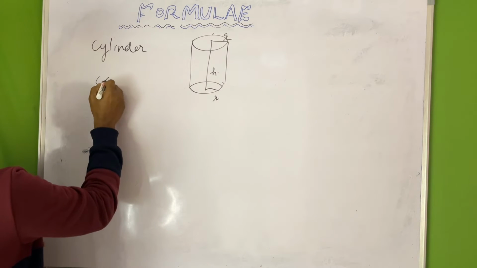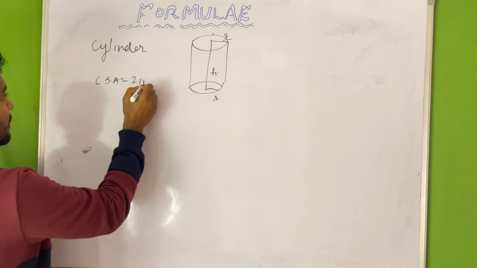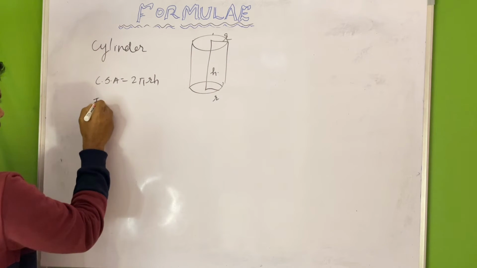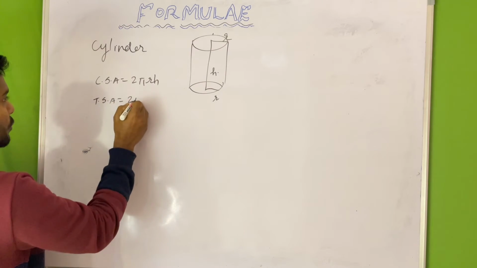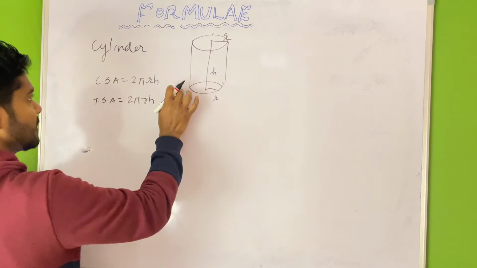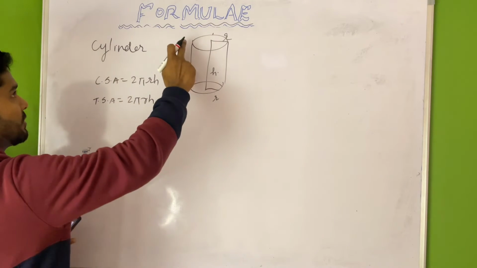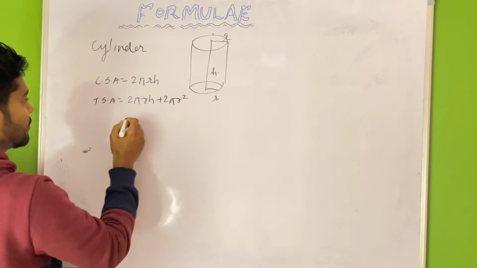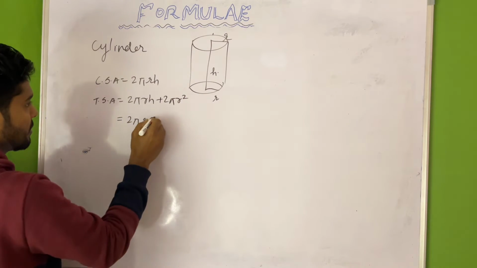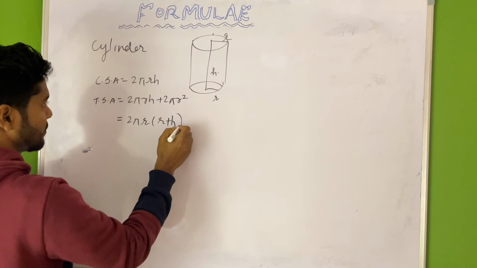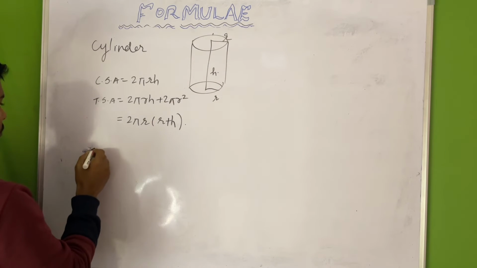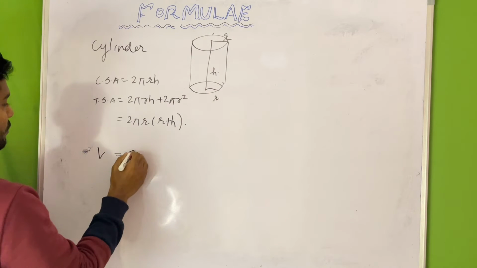Curved surface area of cylinder is 2 pi r h, and total surface area of cylinder is 2 pi r h, the curved surface area, plus this area plus this area. So this is pi r square plus pi r square, or we can write this as 2 pi r (r plus h). Volume of cylinder is pi r square h.